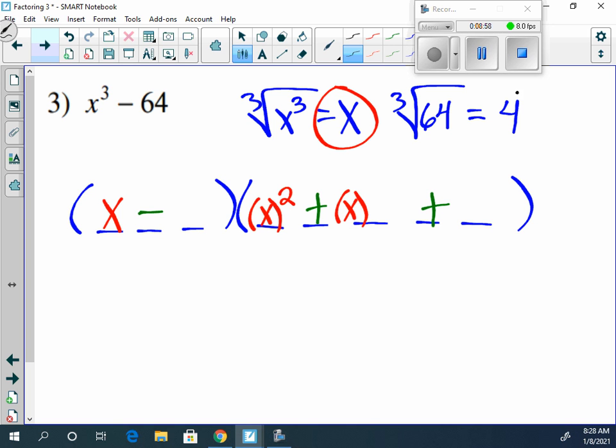And that brings us to our b term, the other term, which in this case is 4. So we would have 4 to the 0, 4 to the first, and then 4 to the second, 4 squared.